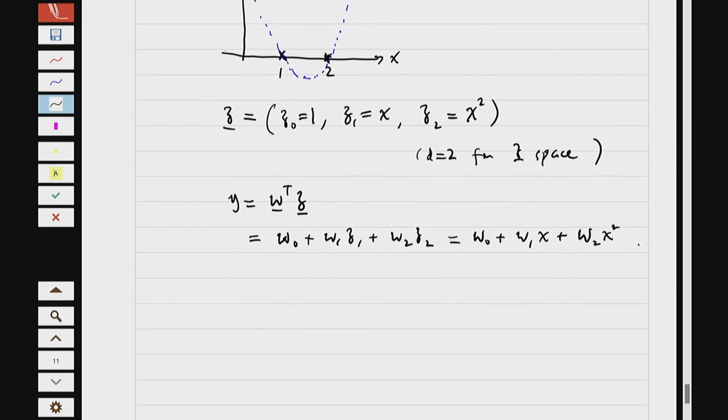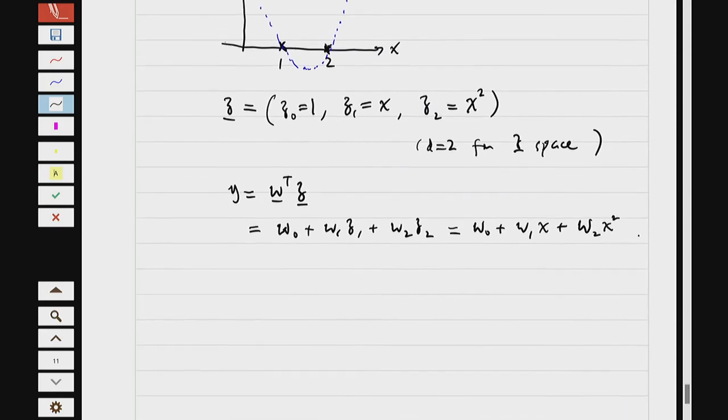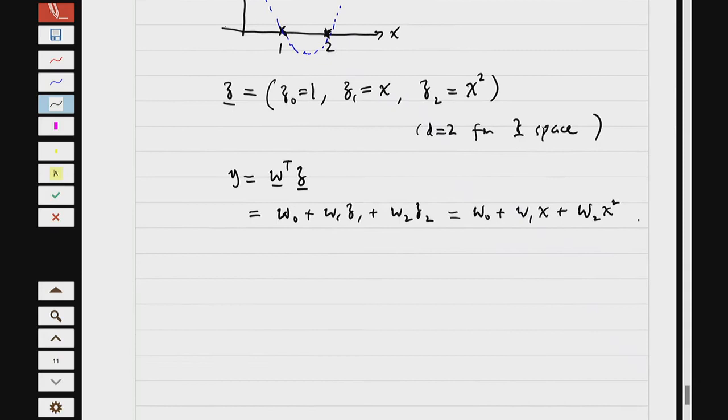So we do have a quadratic form in terms of x. But because we have a z space, it's linear, so we can use our least squares solution to find the w.